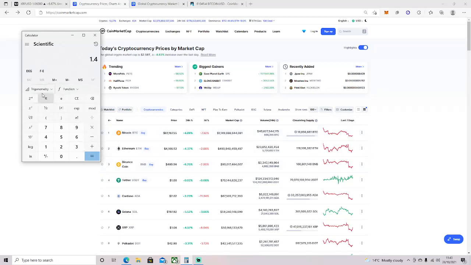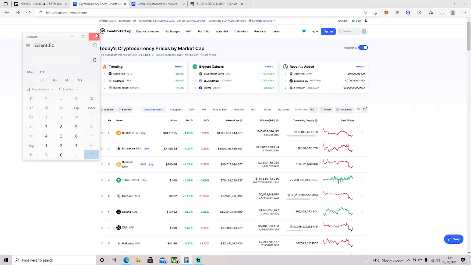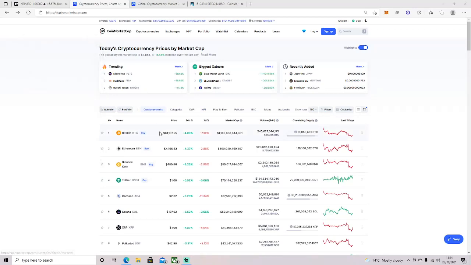Oh gosh, I don't know if I can do this on a calculator actually. We'll just round it up. I don't think the numbers go high enough. But what we'll just say is that, let's say it's a 25% move. We'll just do some quick maths and say 25% of 61,000 is roughly 15,000. So that'll bring us up to $80,000 Bitcoin.